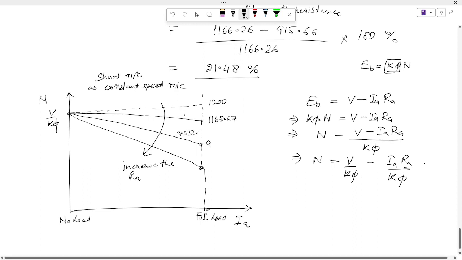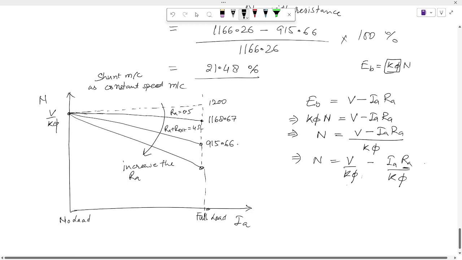With RA 0.5 plus R external, it became 4 ohm and speed dropped to 915.66. Getting or not?